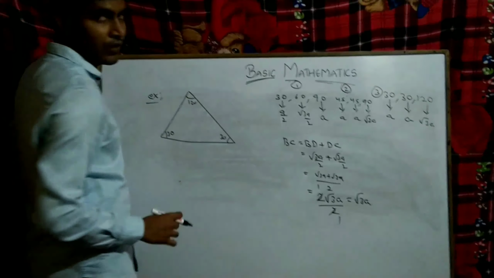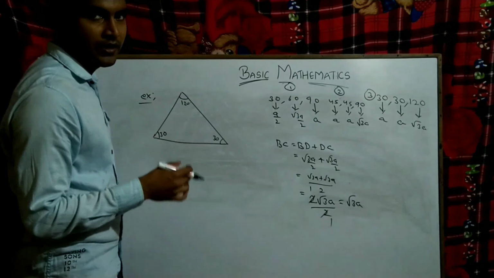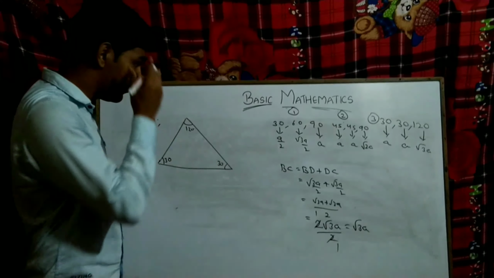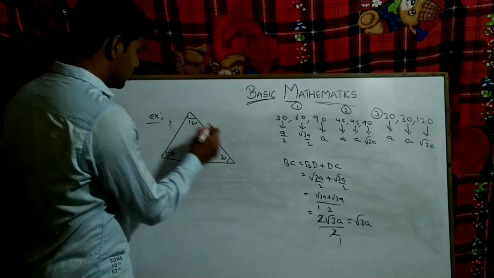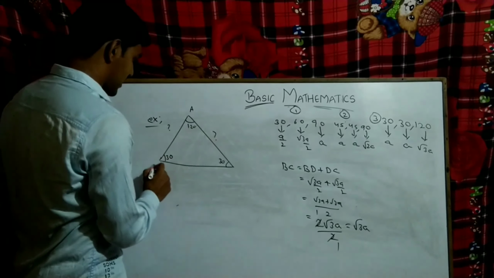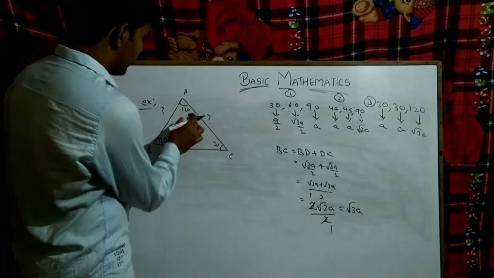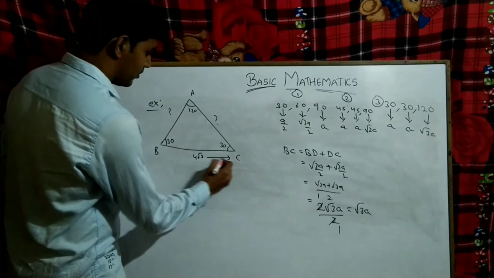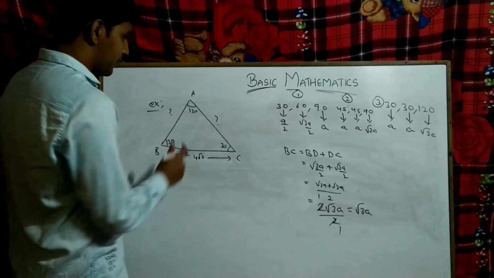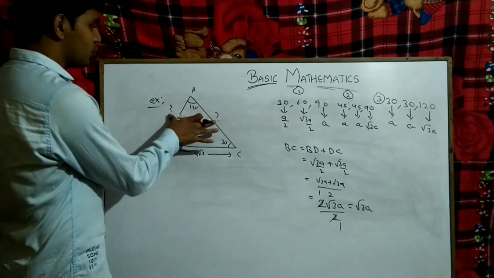Now here we have to find these two sides. For example, triangle ABC, where the side opposite 120 is 4 root 3 meter.